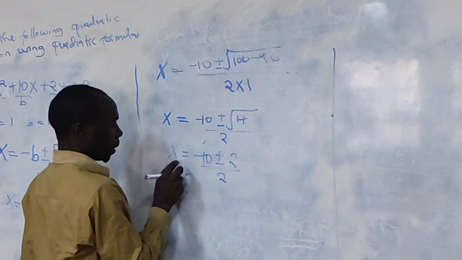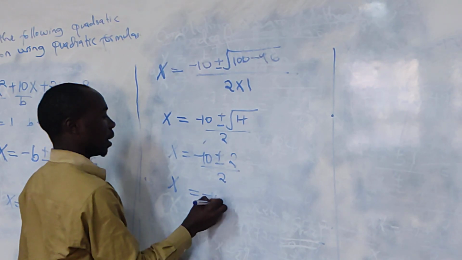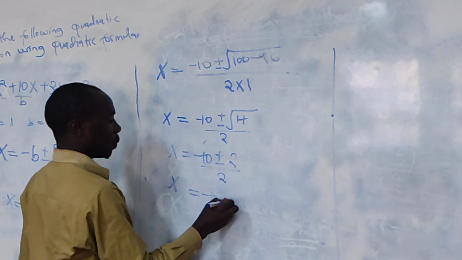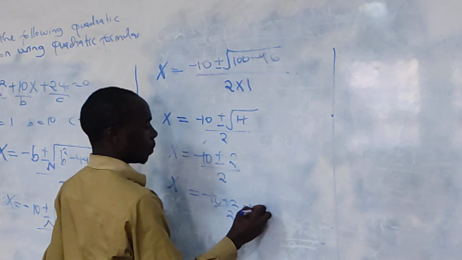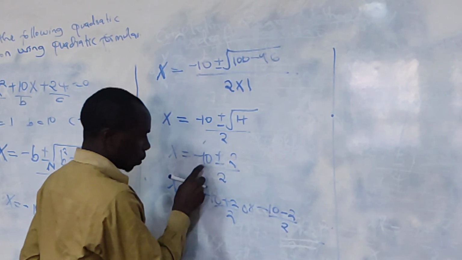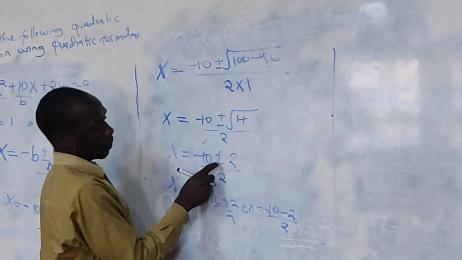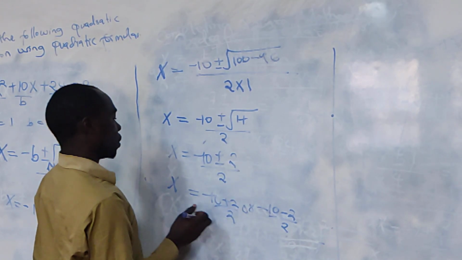You go with the signs. Take negative 10 plus 2, then divide by 2. Then negative 10 minus 2 divided by 2.